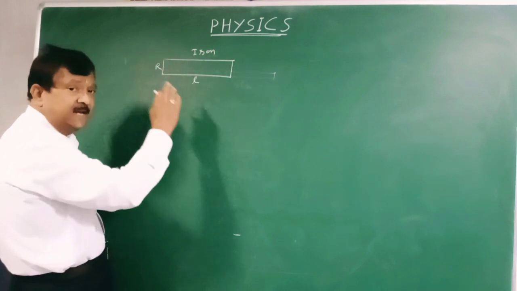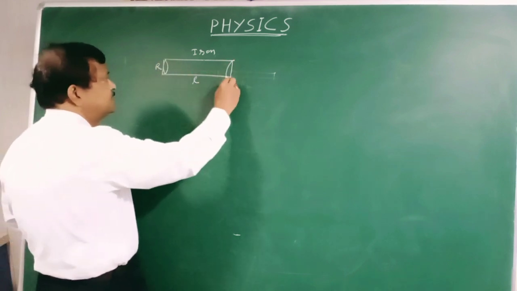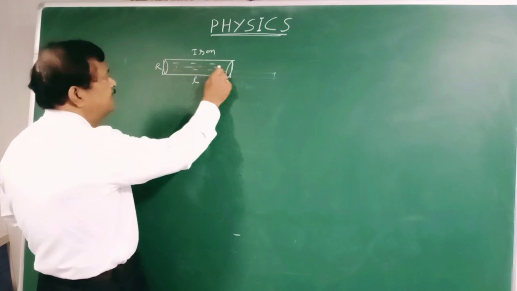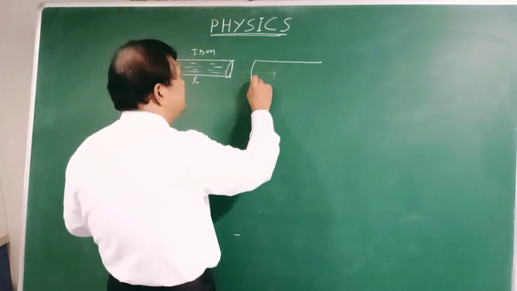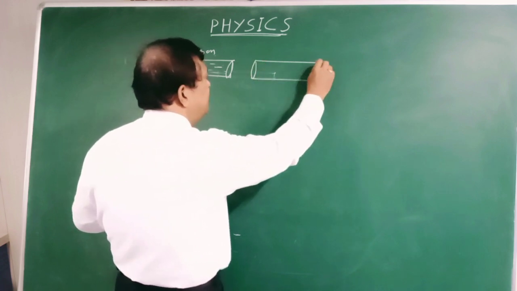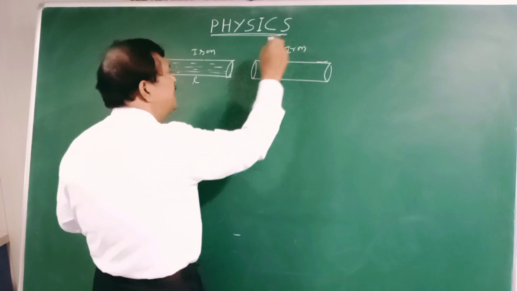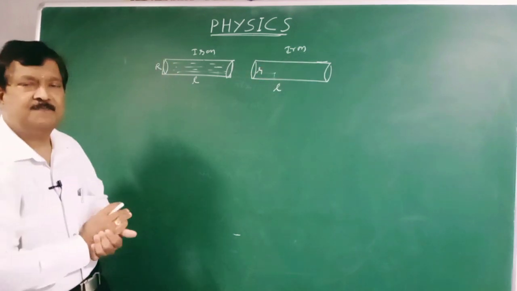So it is an iron cylinder of length L and radius R. Let us say it is like this. Now this is a solid cylinder in the form of a rod. Let us consider another cylinder of the same length, also made of iron, having the same radius.